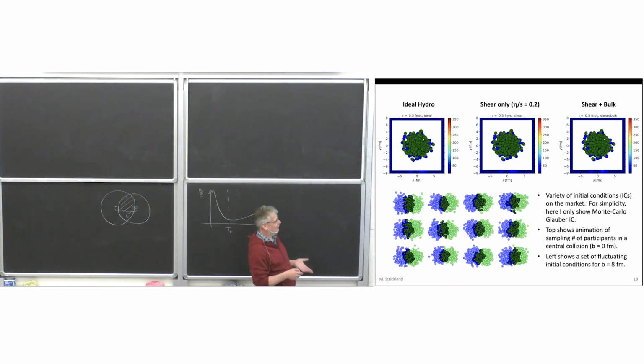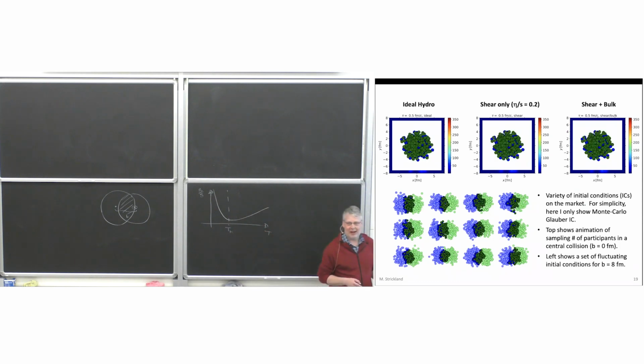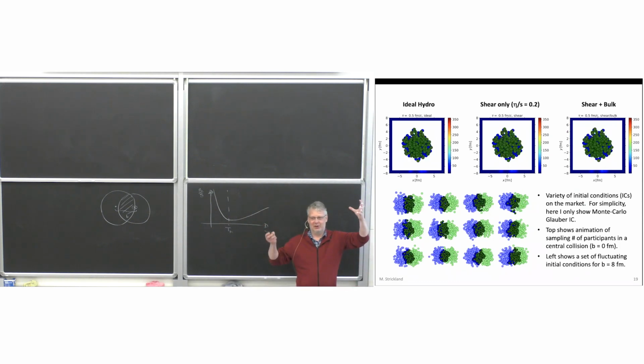This is a particularly simple one, which is called the Monte Carlo Glauber model, where I imagine the nuclei are just bags of nucleons, and then I Monte Carlo sample which ones collide with one another. I randomly distribute the nucleons in nucleus A and nucleus B, and then I randomly pick their collisions. That's the green and the blue. And the animation is over each sampling of this.